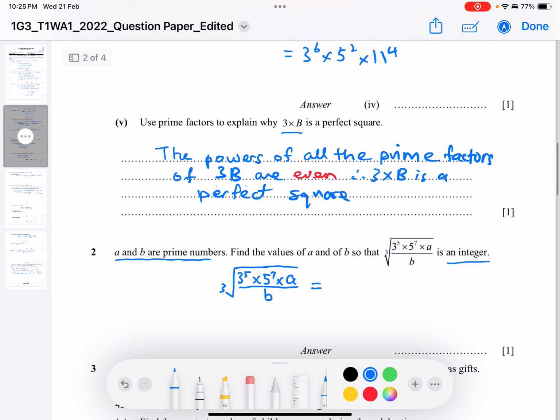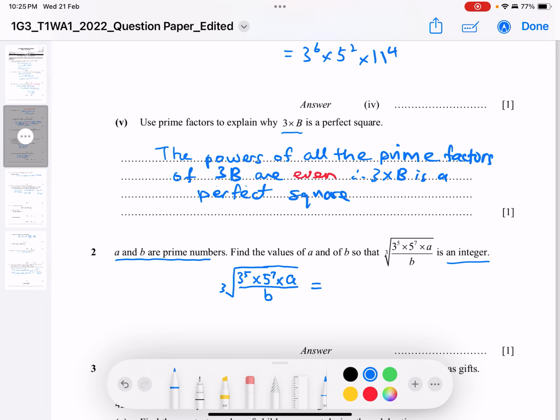In the next sum, we have to find the cube root of this number. So therefore, the answer must be an integer. And A and B are prime numbers. Now when we multiply by a number, it increases the power.